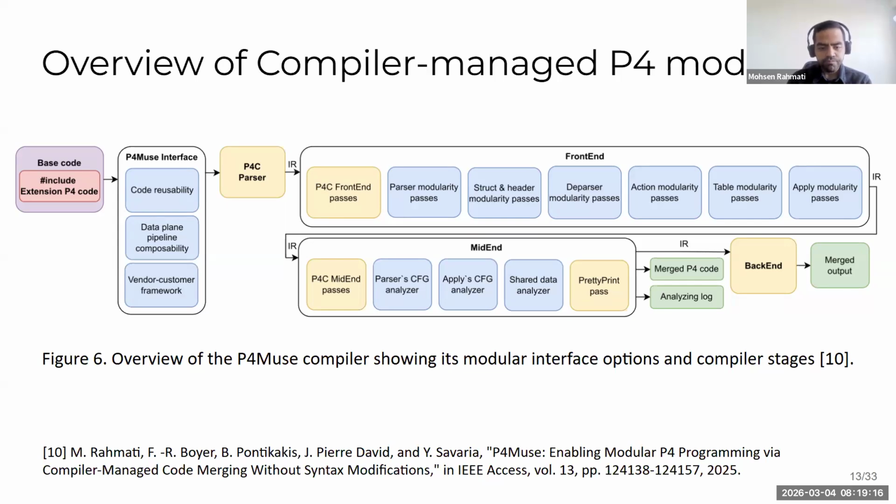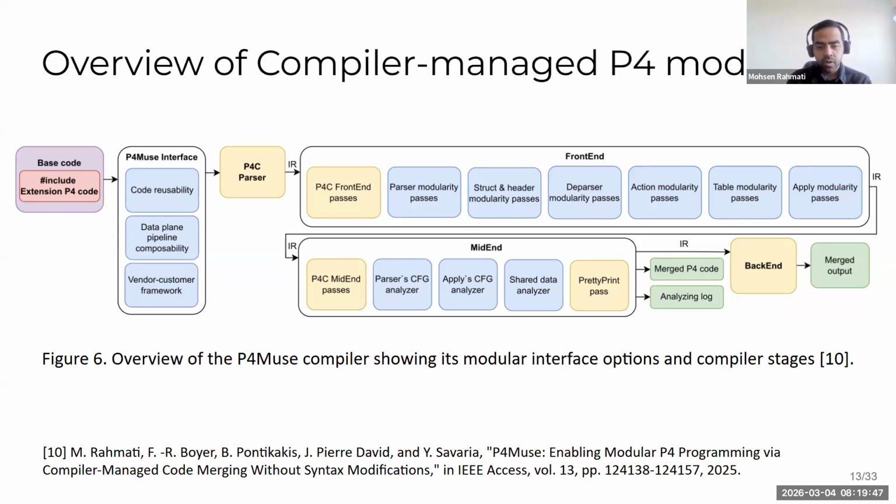For example, for the control flow graph, we compare the base, extension, and merged control flow graph for the apply part and for the parser part, and mention it in the analyzing log so the programmer can understand which part we could merge and which part we keep both constructs.